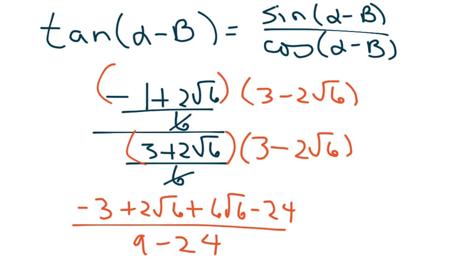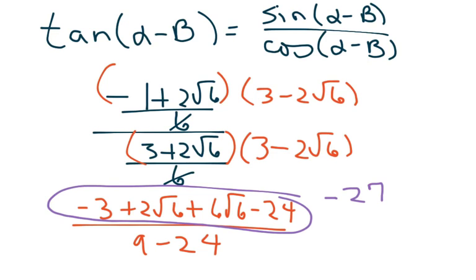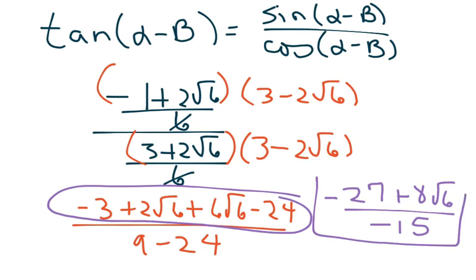So the numerator changed, and we're going to get -27 plus 8 root 6 over -15. And we're done with that.